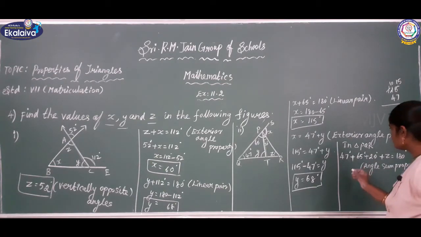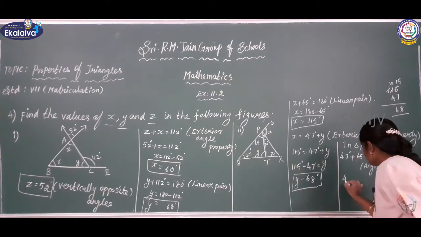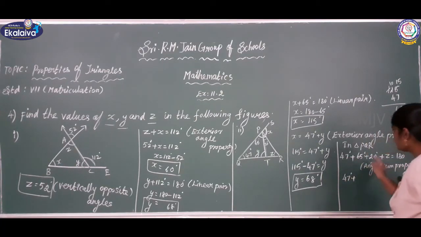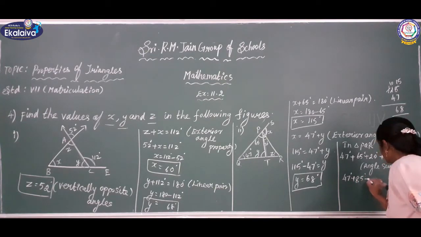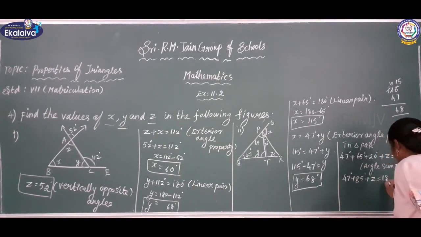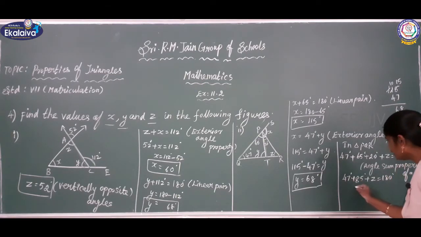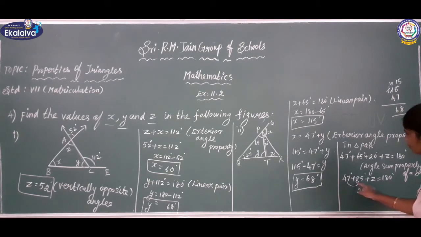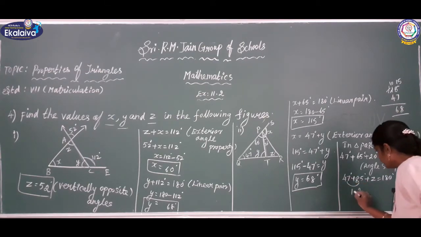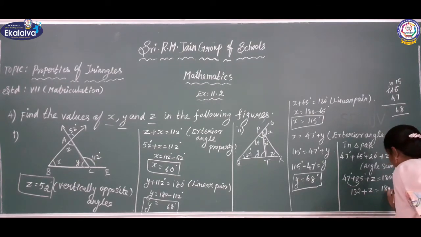Add this: 47 plus 65 plus 20 gives 132 degrees, so 132 degrees plus z equals 180 degrees.